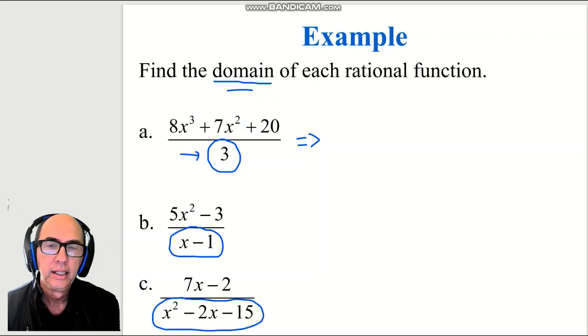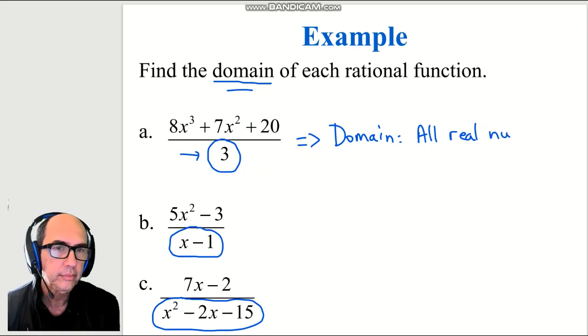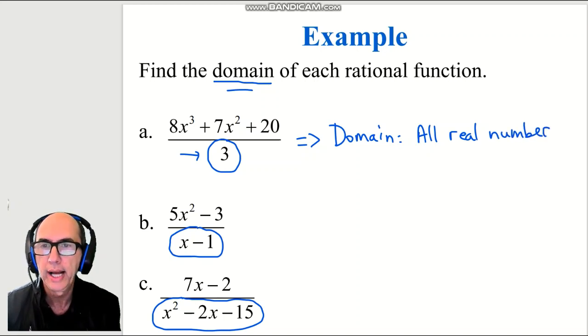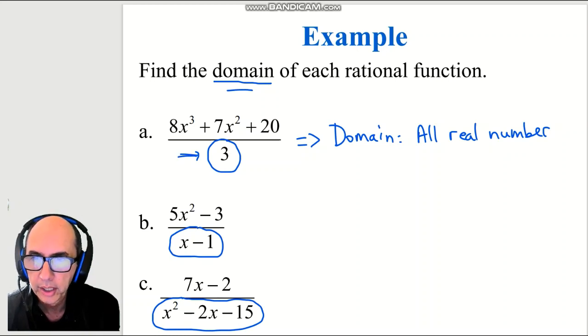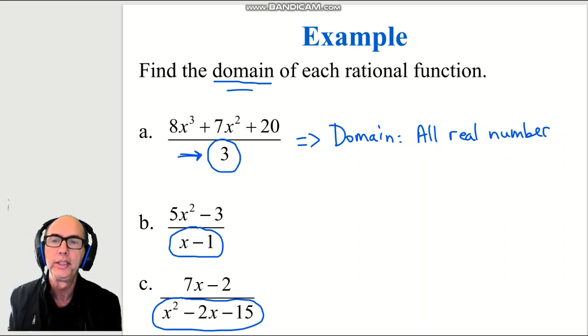That means the domain, let me write now, domain, that means x can be any number. So the domain is all real numbers. There's no value of x that makes 3 zero. 3 is always 3. It's never going to be 0.